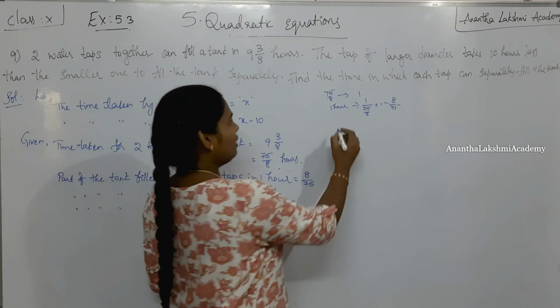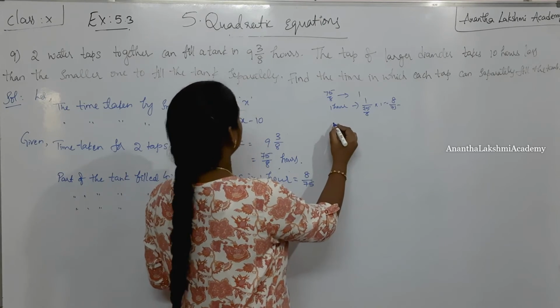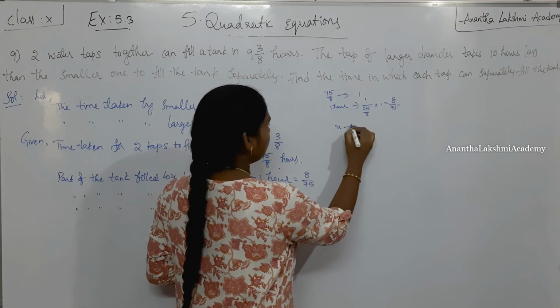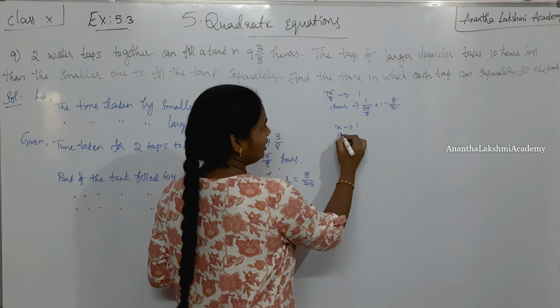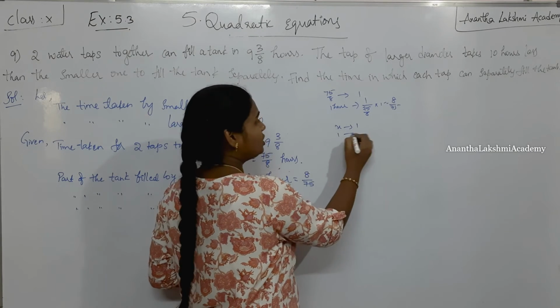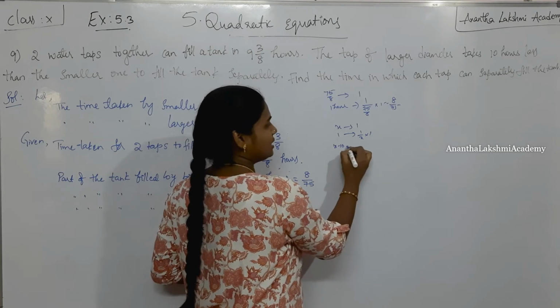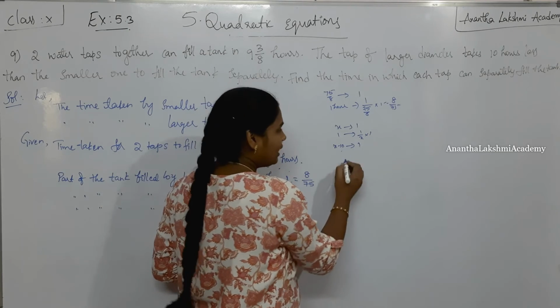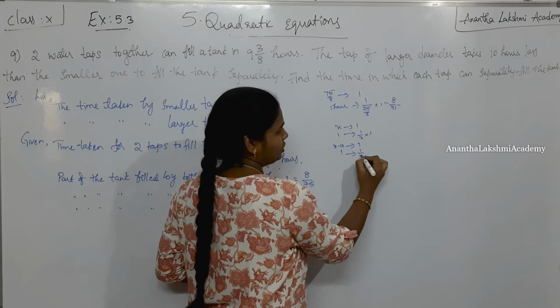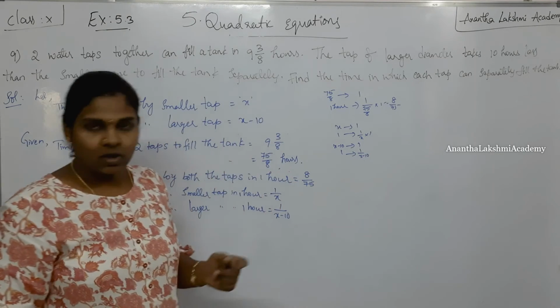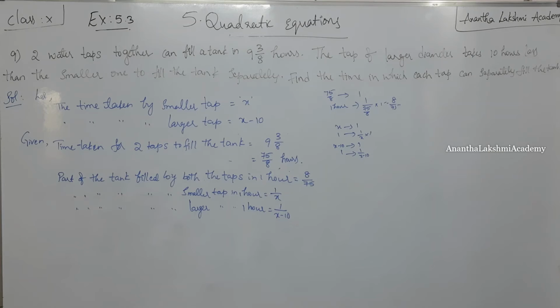Using the same thing, it takes x hours to fill one tank, so in 1 hour it fills 1 by x into 1. It's the same case for x minus 10 also. Alright, that is how I have written this.